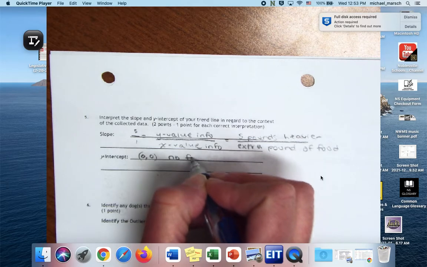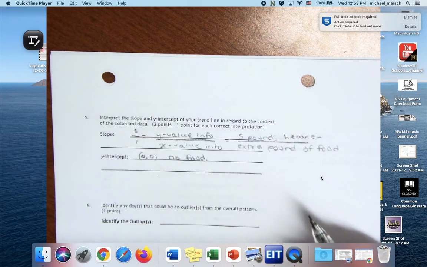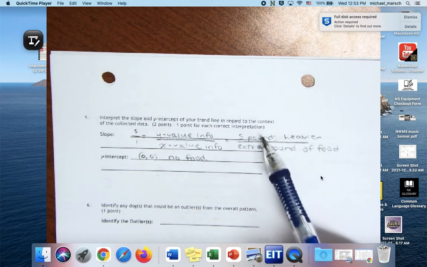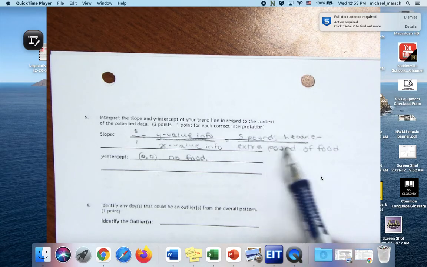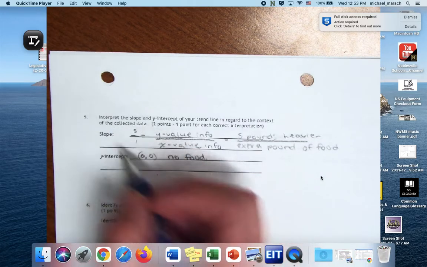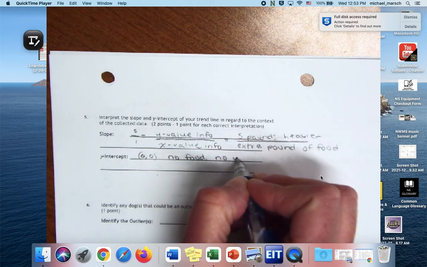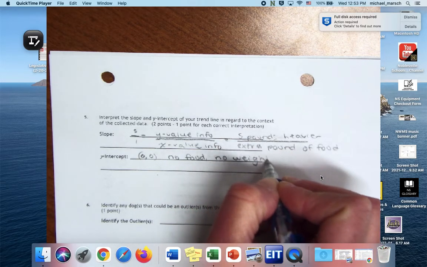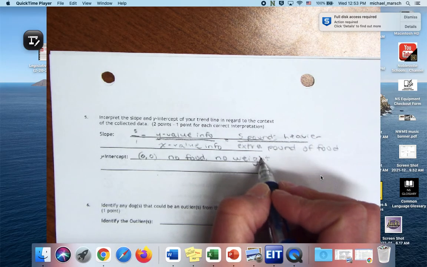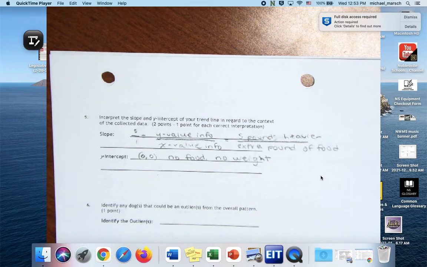On the test, do we just write 5 or do we have to do that? I need to know what the 5 stands for. Yep. So you're telling me what that 5 represents. For my y-intercept, no food, no weight. Pretty easy.